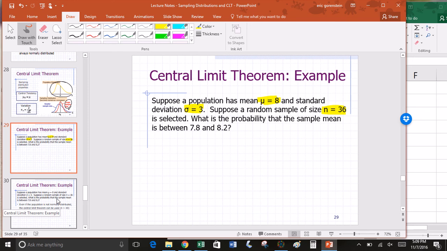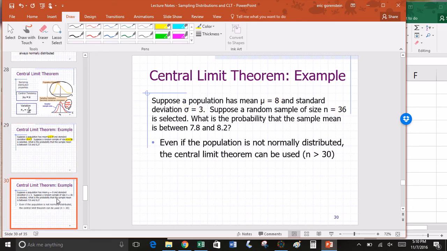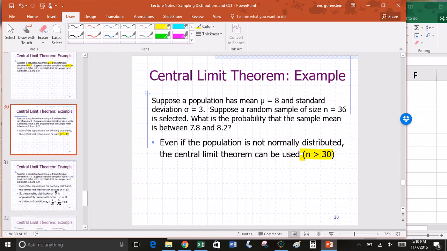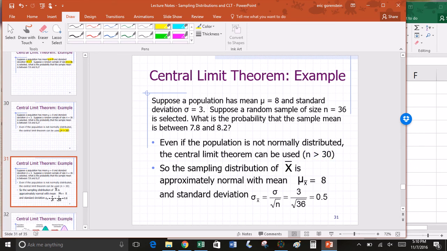So we don't know what the original data looks like. We don't know the distribution of the original data, but the sample size is 36. So the sample size is large enough that we can apply the central limit theorem. Now, what the central limit theorem is saying is that the distribution of means will be a normal distribution with the mean equaling the population mean.